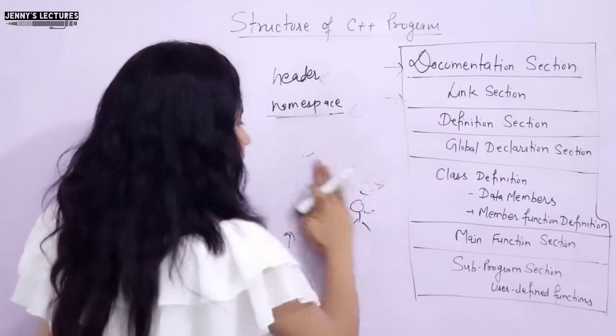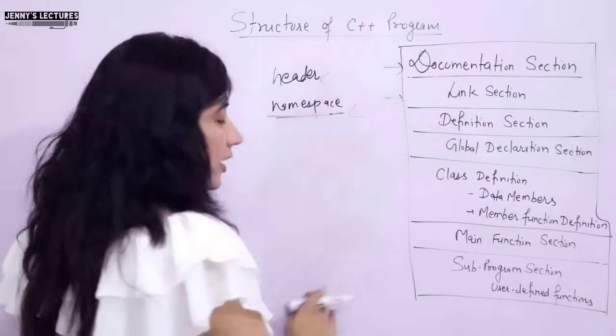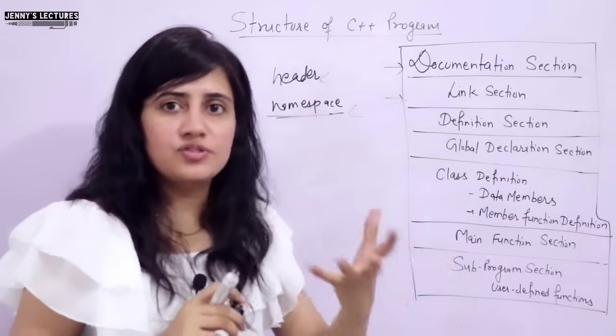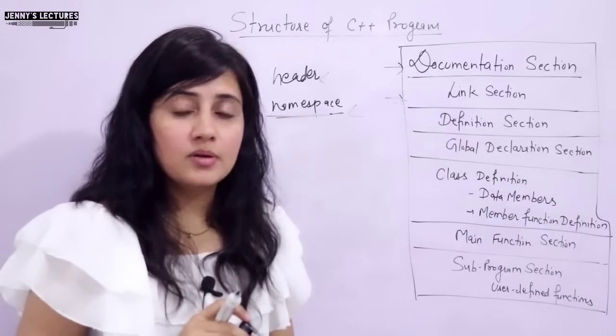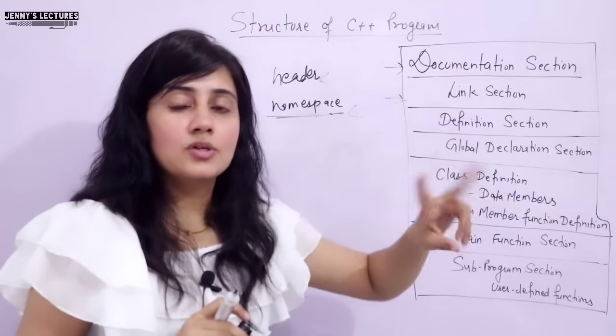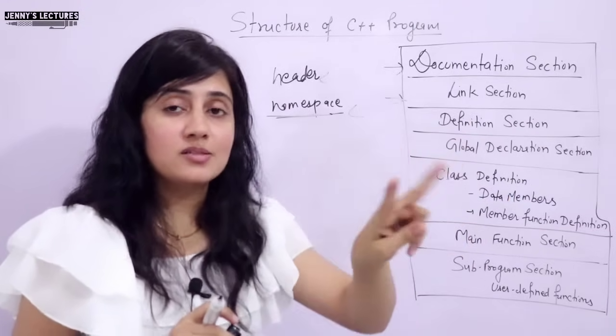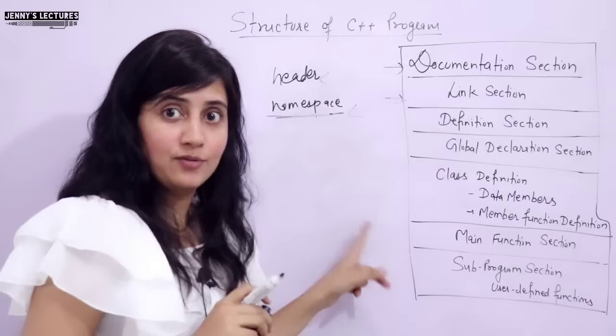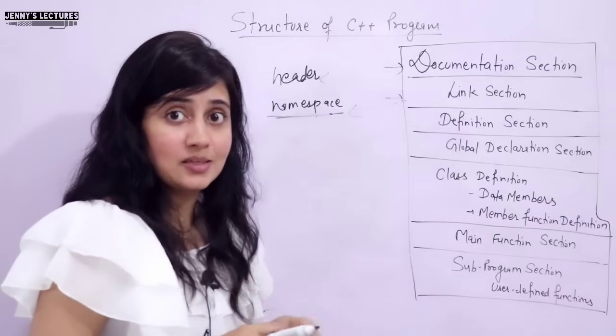Suppose we know that we cannot have in the same program two functions or two objects of the same name, two classes of the same name. But you can have the same name if you resolve the conflict by using the namespace concept. That I have told you with a real life example.